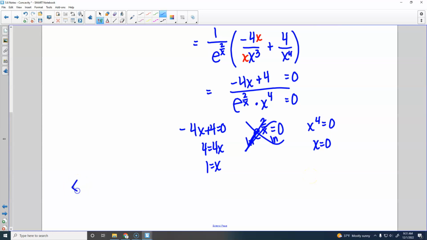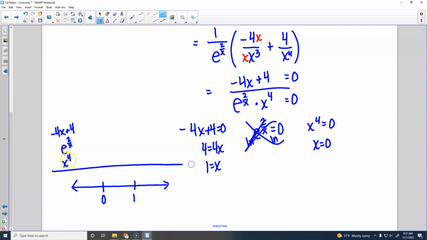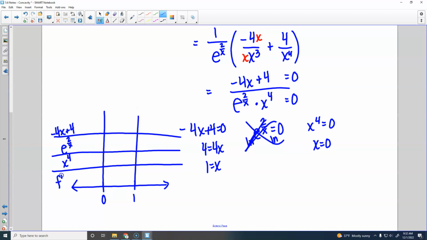So this one's wilder than it looked at first. So I've got negative 4x plus 4, I've got e to the 2 over x, and I've got x to the 4th. And I will use those three to find my f double prime of x.